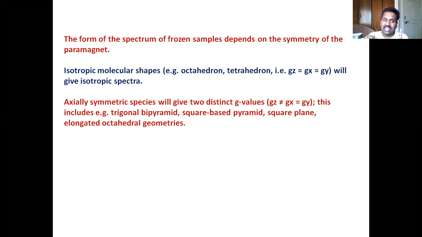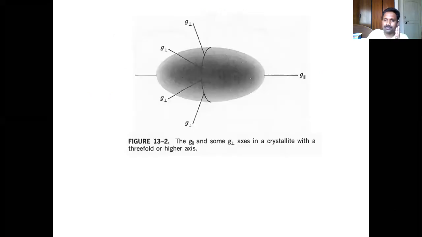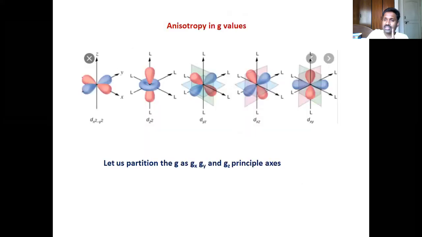Therefore, in axially symmetric species, the G values differ. You get two Gs in your spectrum. So, for example, the spectrum which I have shown here should be from an axially symmetric complex because you have two G values in that. If you have a single G value in your complex, what do you tell? It is an octahedral or a tetrahedral complex. If you have two values, it is axially symmetric.